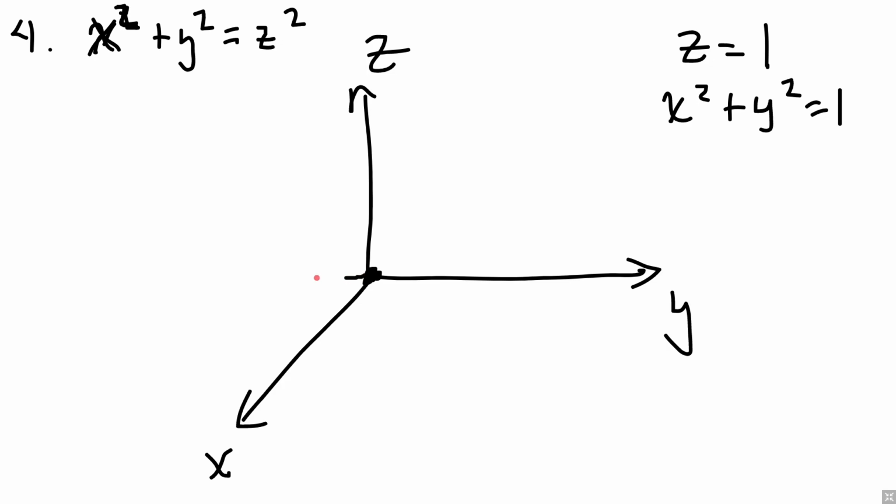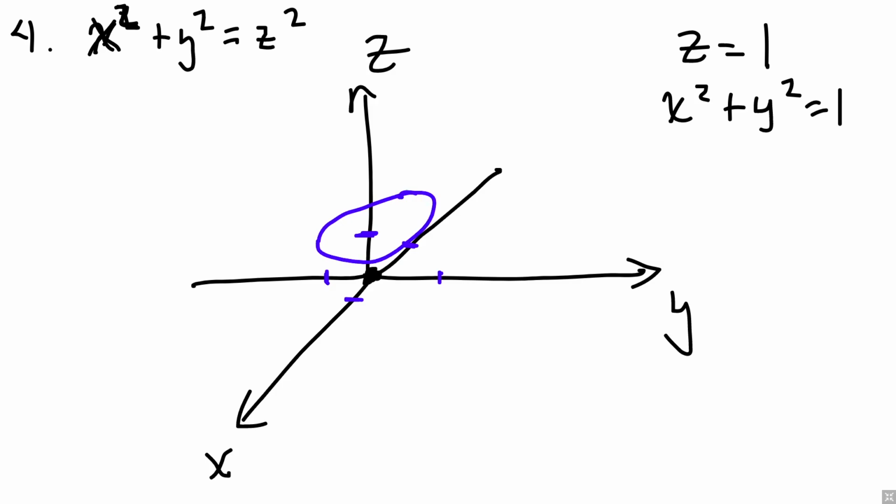Okay, so let's kind of represent that, and let me switch colors. So there's this one up, and then I'm going to have a circle that is going to be created 1 unit up high, up above.